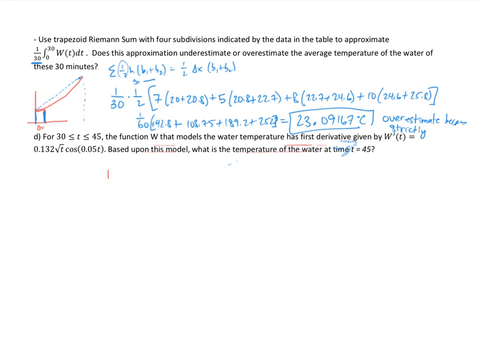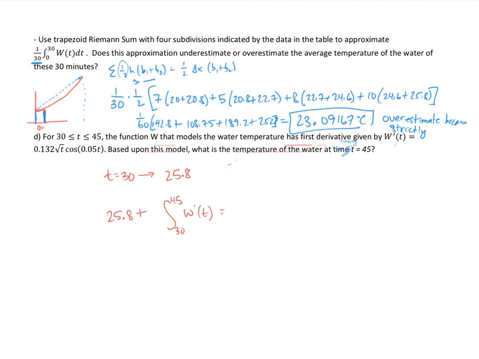At time t equals 30, we have a temperature from our table that was 25.8 degrees. So we want to take this 25.8 degrees and add it to what has changed. This is our rate of change, but we want to know what it would be from 30 to 45. So this is our W of t.